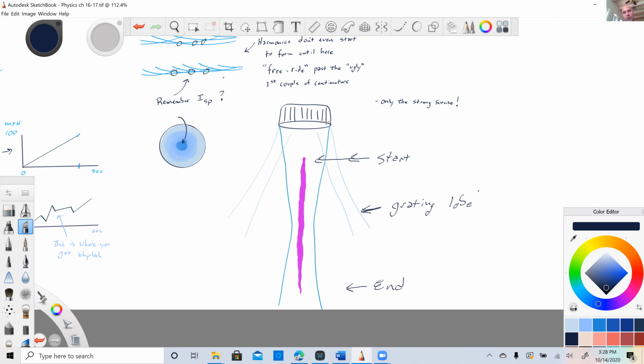So if you now put yourself in harmonics mode, ignoring the fundamental frequency and only looking at the harmonic frequency, remember, that's two times the operating frequency. You now have a higher frequency and a narrower beam.